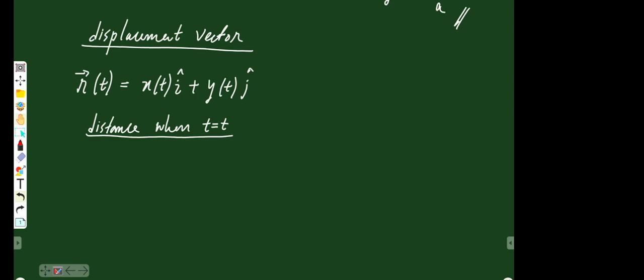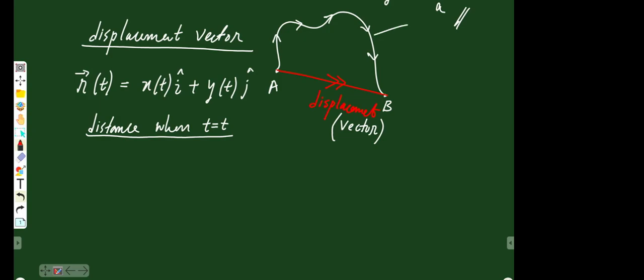Now, for example, this is a point, so you are going to point b, right? Then displacement would be this. Shortest distance is the displacement. Distance is the white color path, right? And displacement is a vector. Distance is a scalar.